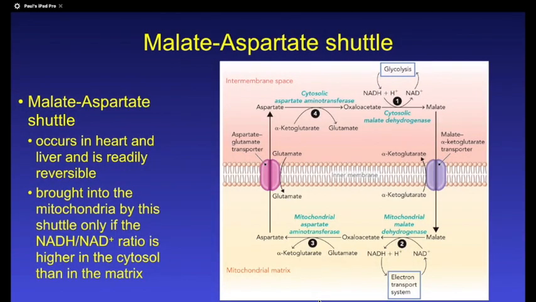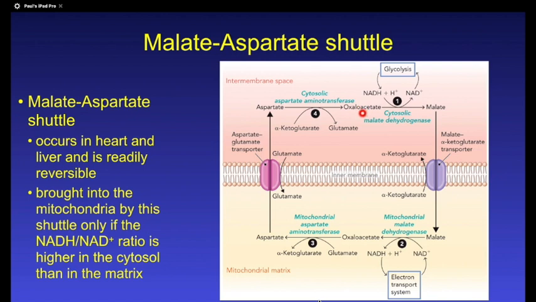Now, in the malate aspartate shuttle, it's a whole different reaction. All right, aspartate. What kind of molecule is aspartate? An amino acid, okay? It can react to create oxaloacetate. Oxaloacetate, where did we see that? Citric acid cycle.